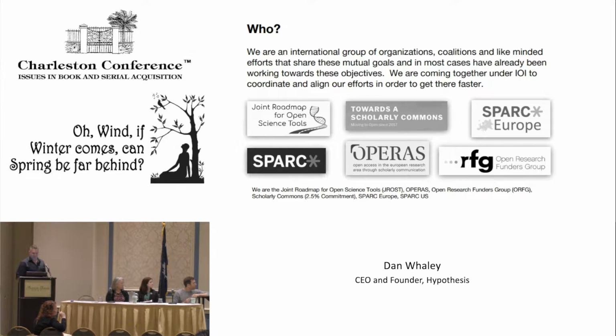So the joint roadmap, this project, which has several different names here, towards the scholarly commons, is something that Mike Roy will talk about a little bit later, but it came out of something many of you have heard of called the 2.5% commitment, which was a paper written by Dave Lewis and Mike Roy about how library budgets inside institutions might think about allocating some top-line funding towards supporting open infrastructure that they can benefit from, and I'm sure Mike will talk a little bit more about that later.